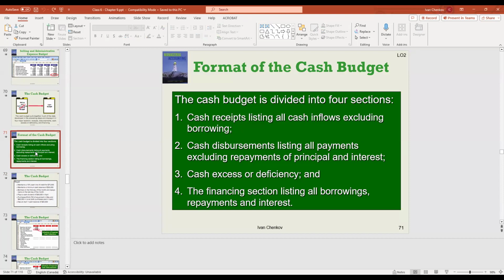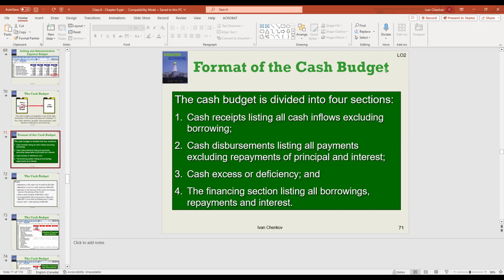The third section includes any excess or deficiency between the first section and the second section. And the fourth section shows anything related to financing, which is borrowing, repayment, and interest. For that reason, the principal and interest are excluded from the cash disbursements, or cash out, and are shown in a separate section, the financing section.